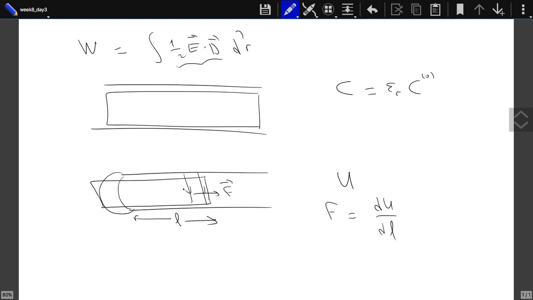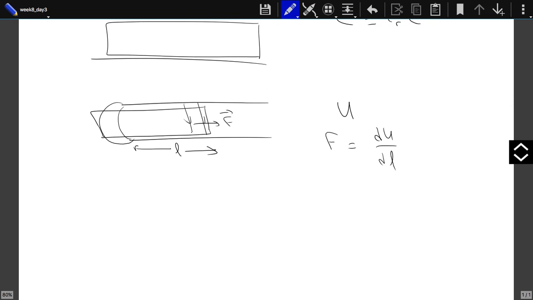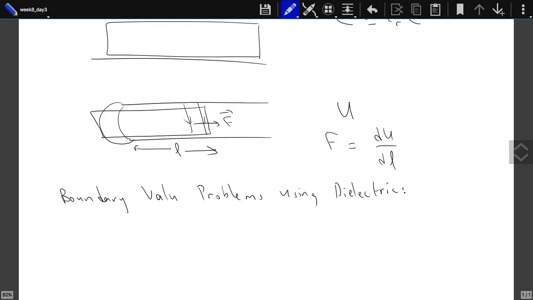Now let's look at some examples involving these dielectrics. Boundary value problems. We had studied, as a boundary value problem, for example, the method of images.